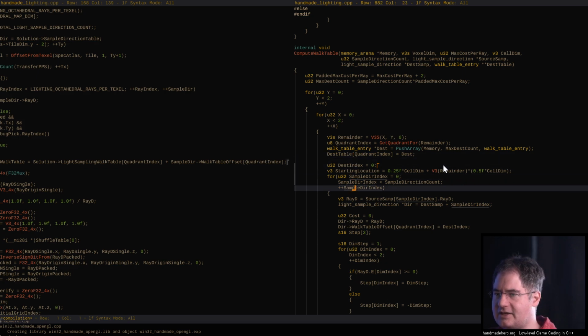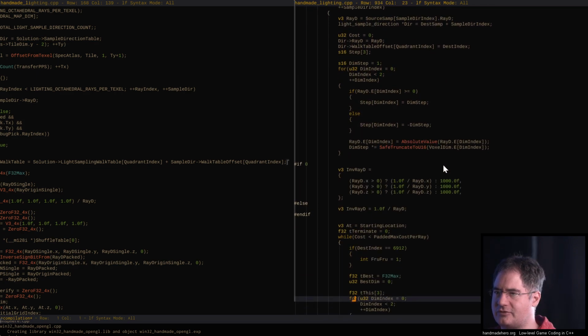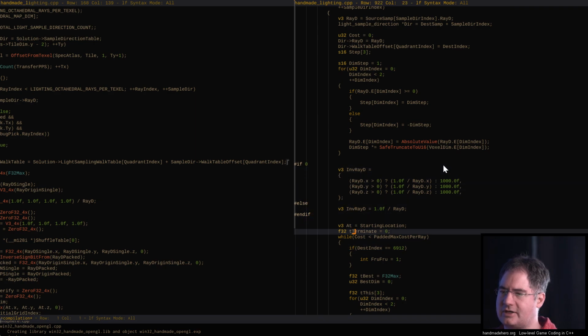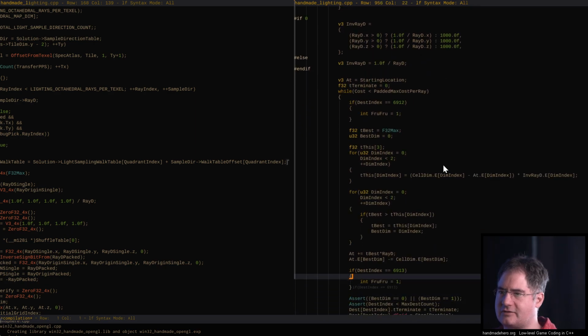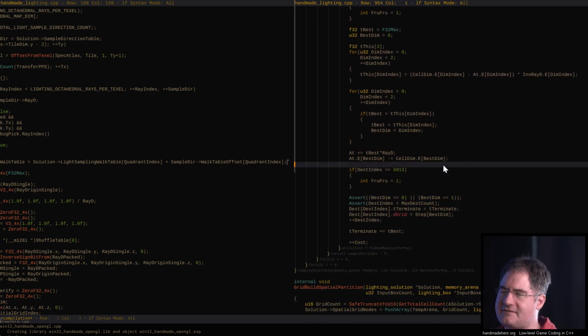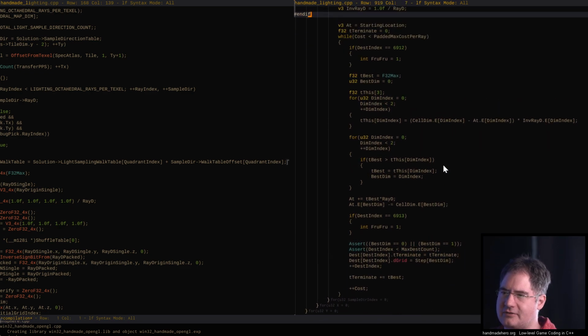Like, all of this stuff that was for loops before doesn't need to be loops. It can just be a single if to see if x is greater than y or whatever. I feel like it should be relatively straightforward to just not do this. It just seems like way too much work now.